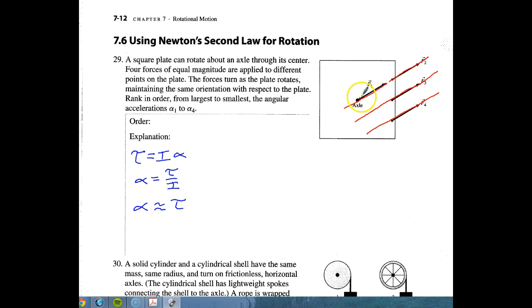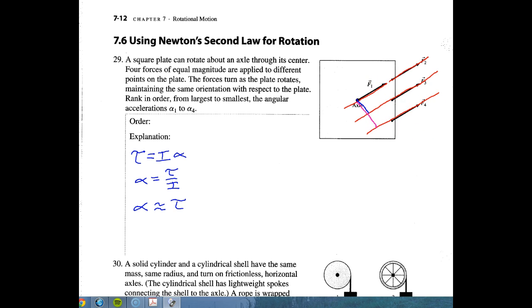Well, this one is parallel, so there's really no moment arm for F1. In fact, for F2, even though it's way up here, we still can't go this way because that's still parallel. By perpendicular, we see that this line going from the axle out to the line of action for F3 gives us a line, and then we'll do a different color here for the line of action for F4.